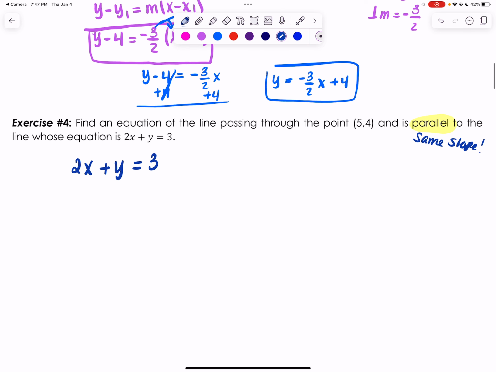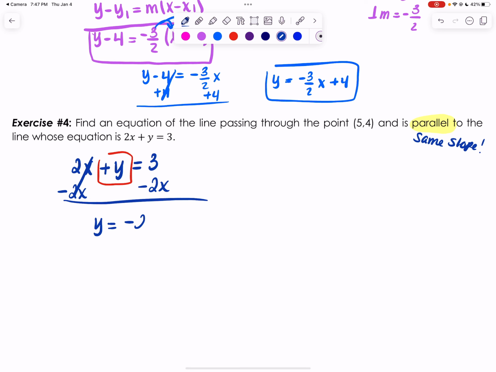So what we have to do is get y by itself by getting rid of our 2x. So I'm going to subtract 2x from both sides of my equation. And now I have y equals negative 2x plus 3, and I can see that my slope is negative 2. Which means that when I go into my point slope form, it has to have a slope of negative 2 because we want it to be parallel.